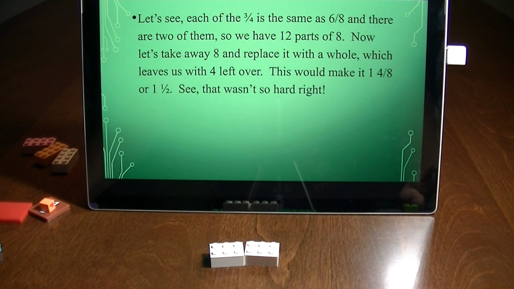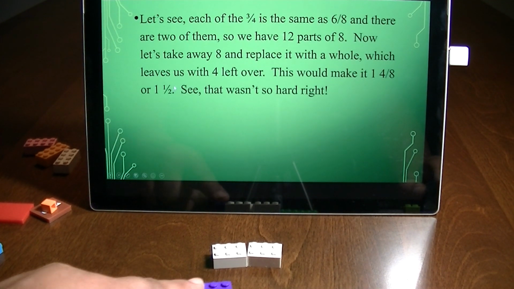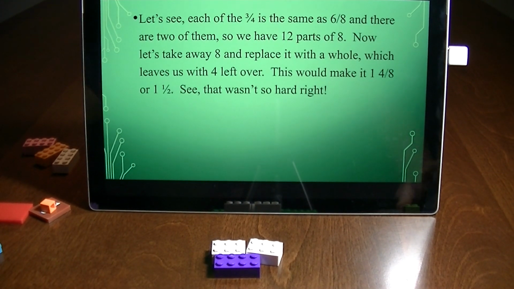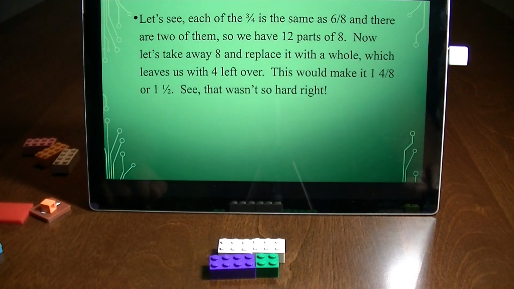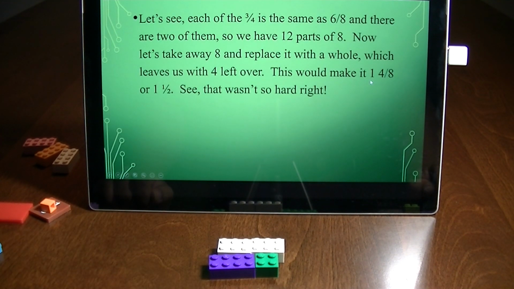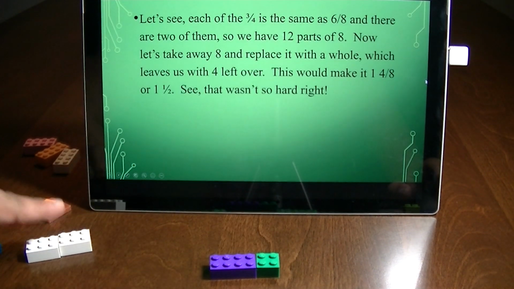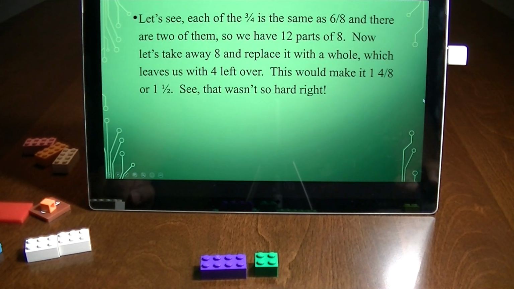So we have 12 parts of 8. Now, let's take away 8 and replace it with a whole, which leaves us with 4 left over. This would make it 1 4/8, or 1 1/2. See? It wasn't that hard.